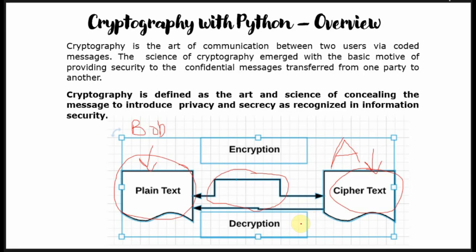Usually we call the attacker Carol, or the adversary is another word we use. The adversary is assumed to be somewhere here in the middle of the communication channel, and he has the intent of either monitoring whatever conversation is going on between Bob and Alice, or tampering with the content of the message.